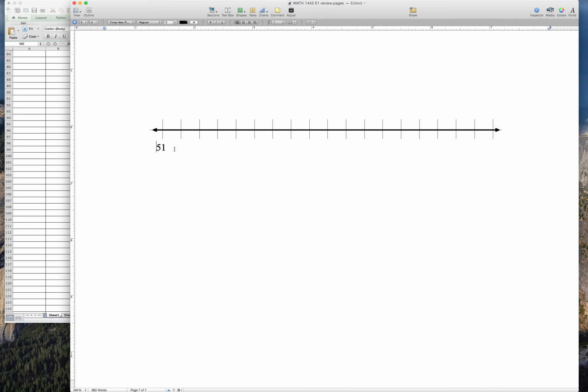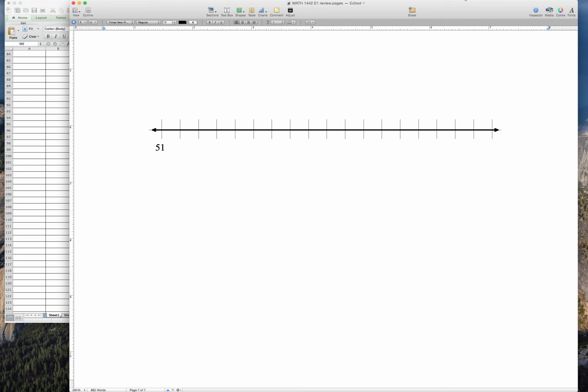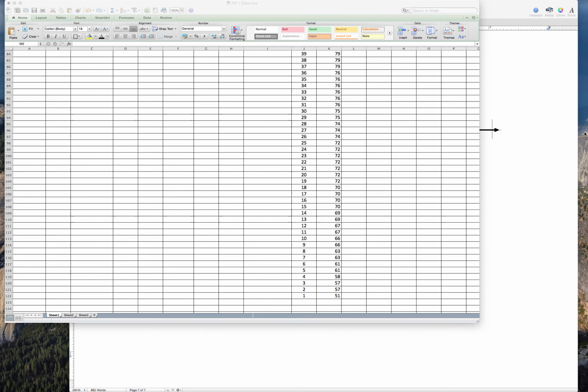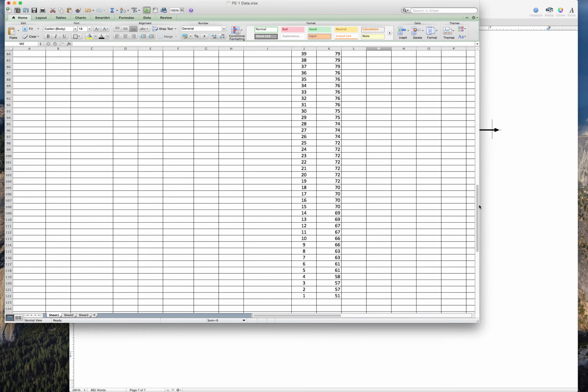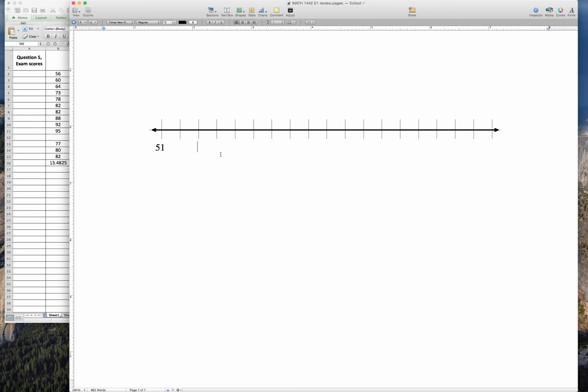And my maximum value, oops, sorry, my maximum value is, was it 126? 126. So my maximum value is 126. Now what I want is the values in between, the three quartiles, and here's how I'm going to find those.